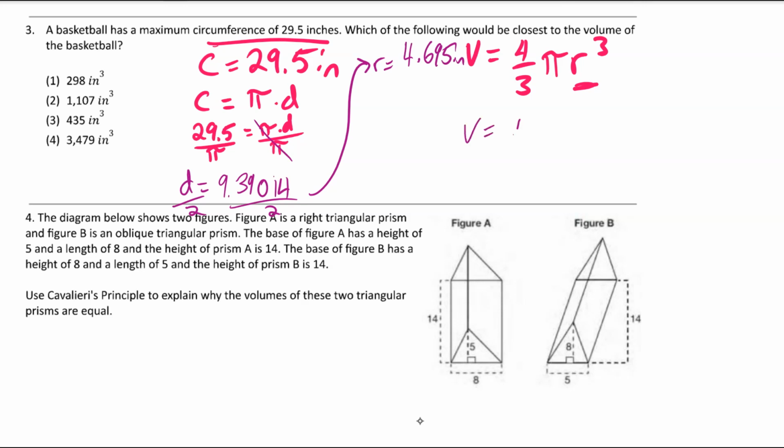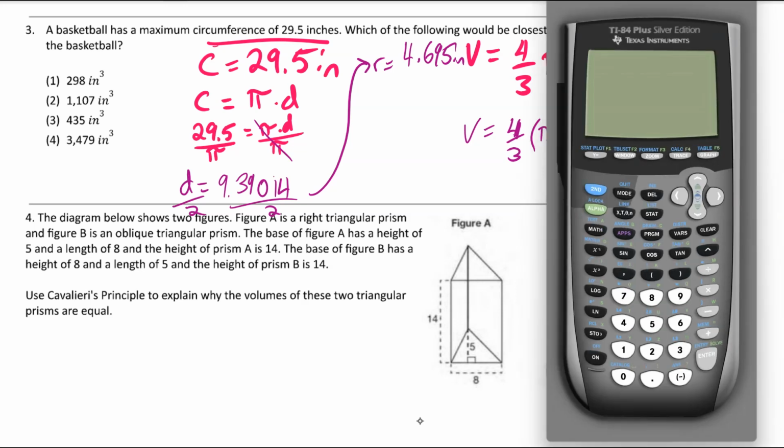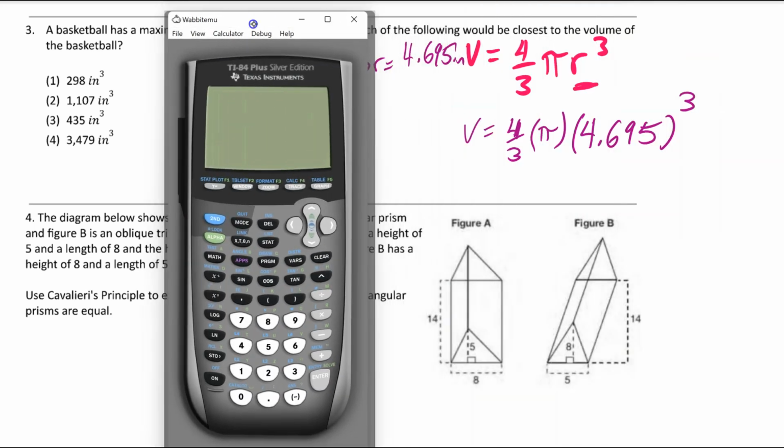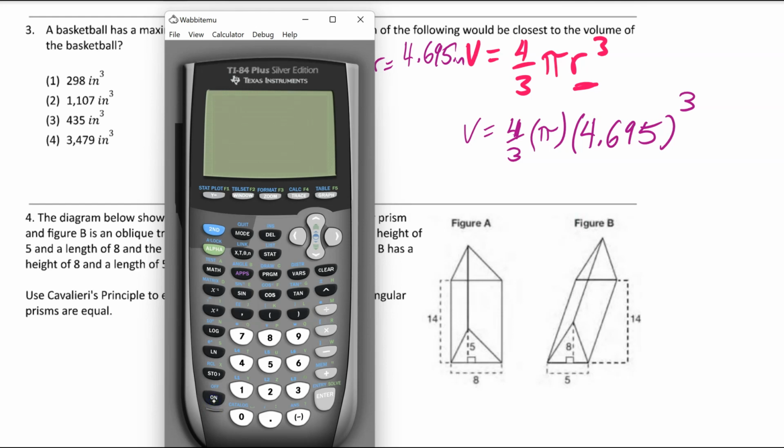So when I plug into the volume formula, 4/3 times pi times 4.695 cubed, not squared. Now, if you don't know where those buttons are in your calculator, I'm going to hit alpha, then y equals to bring up the fraction bar if I hit enter. 4/3, I'll arrow out of there.